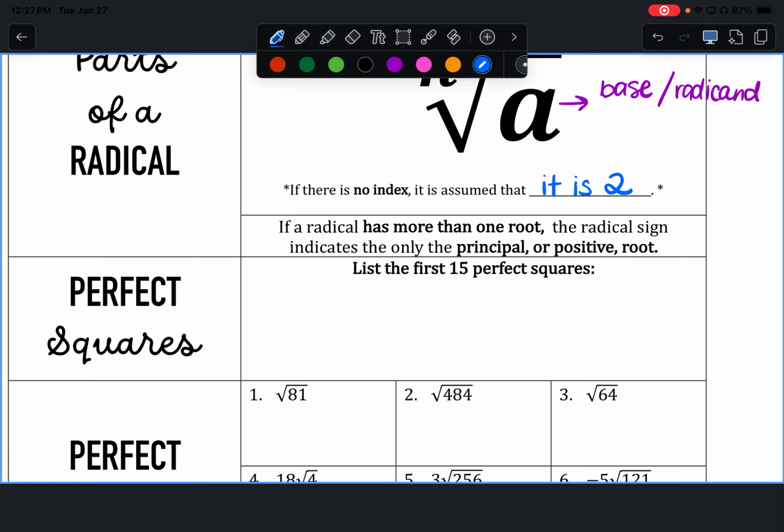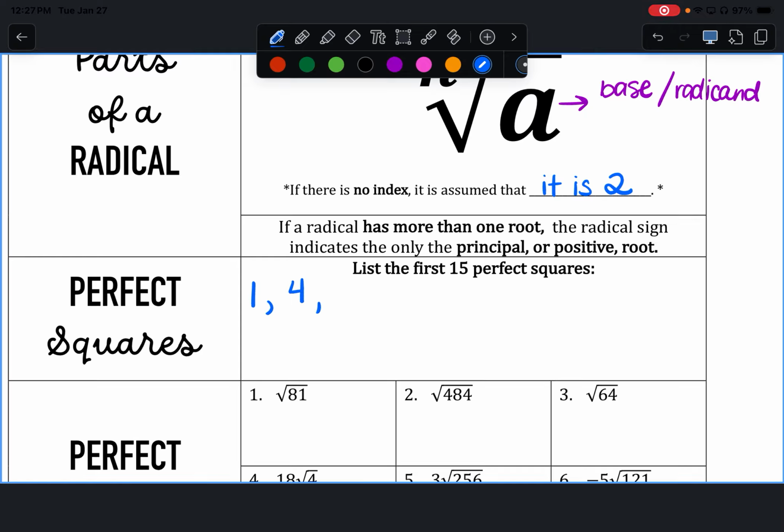All right. Now, the next thing we're going to look at is perfect squares. Okay? Perfect squares are the numbers you can take the square root of. Those are the numbers that we get when we square things, right? What is 1 squared? What is 2 squared?